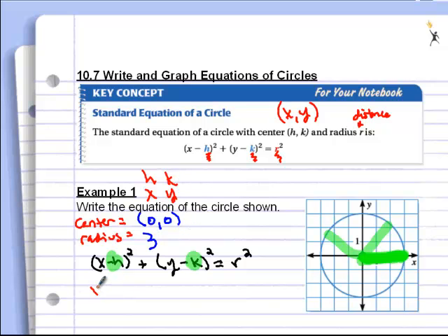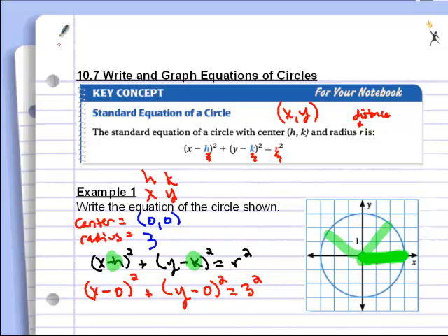So I'm going to put x minus, and instead of h, I'm going to find what h equals, which in this case is 0, squared, plus y minus k, which in this case, k is 0, squared, equals my radius, which is 3, squared. Now don't confuse this as the r squared is actually 3. It's r, which is 3, and then we're going to square that.